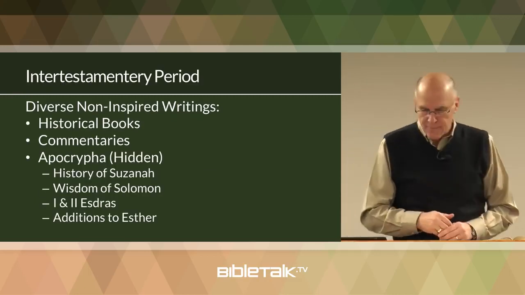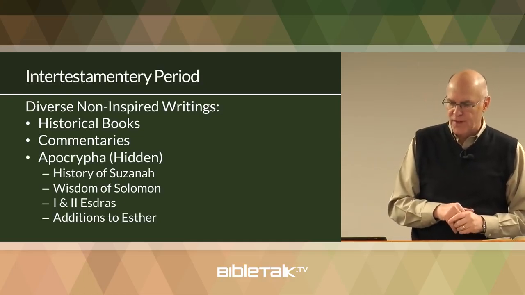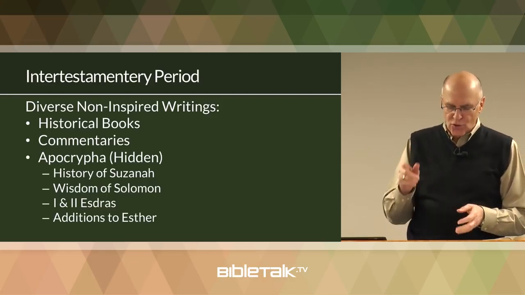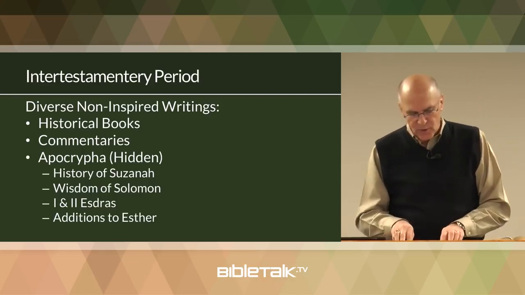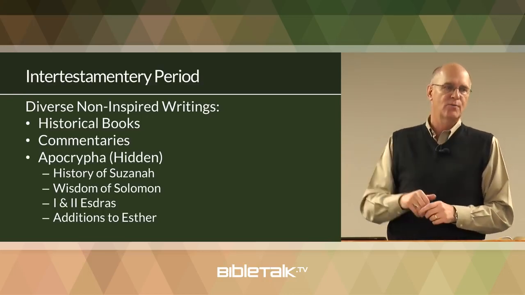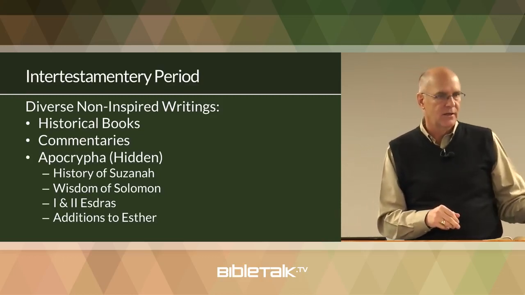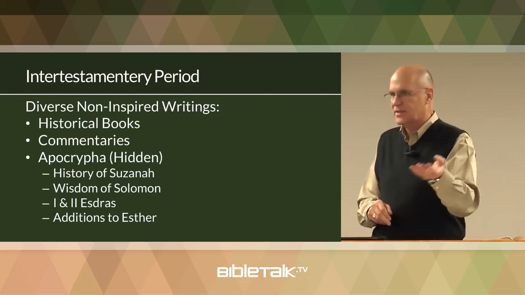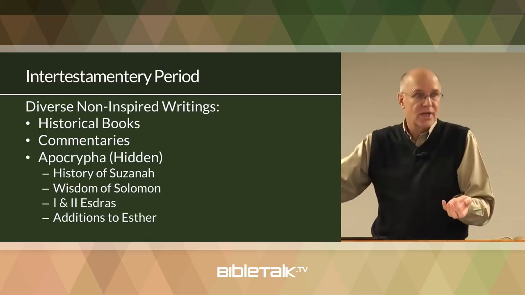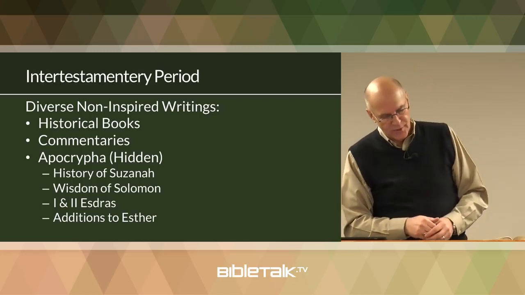Then there were diverse non-inspired writings called the Apocrypha. The word Apocrypha means hidden. And these were stories and accounts of events and people in Jewish history that are not recorded in the inspired books. For example, the history of Susanna, a character of that time, not mentioned in any Old Testament record, not mentioned in any New Testament record, but written about by writers during this period of time.